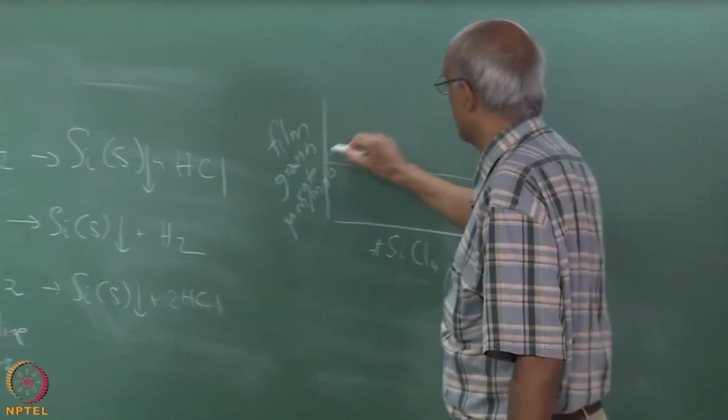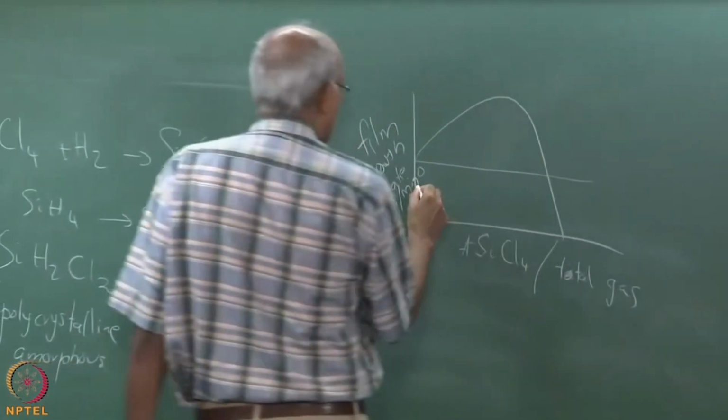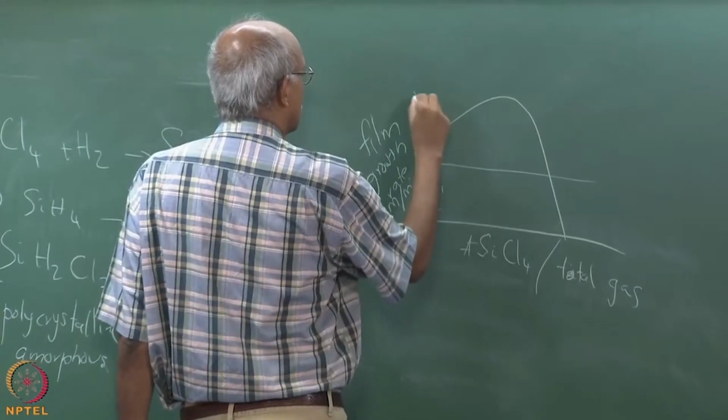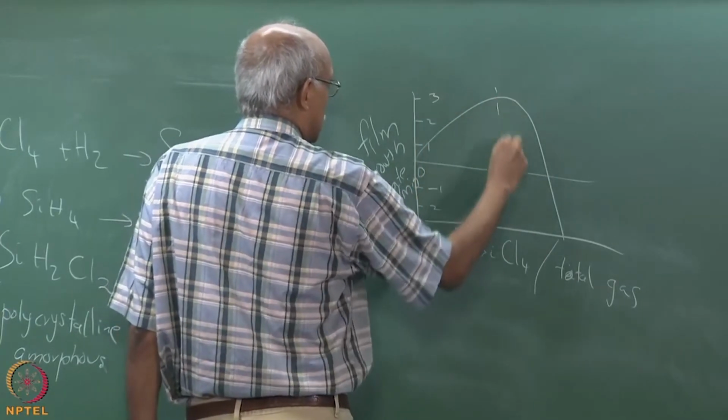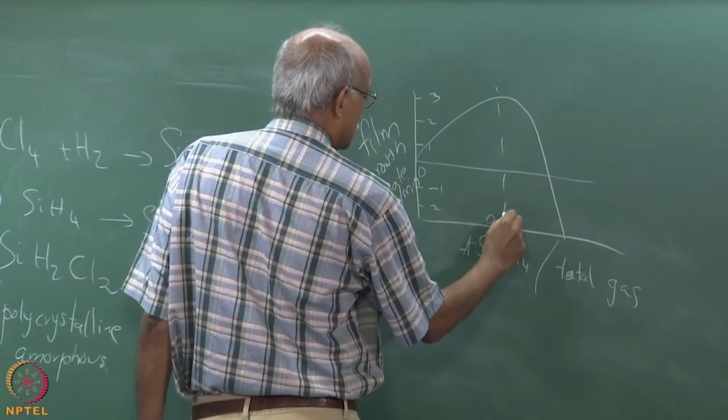In fact, the typical behavior looks like this. So, this is -1, -2, 1, 2, 3. This is somewhere around 0.3.